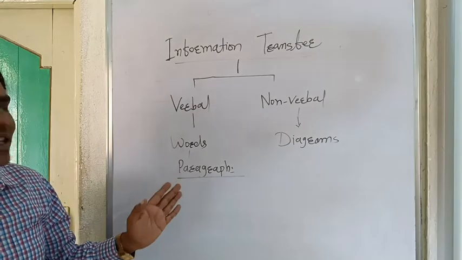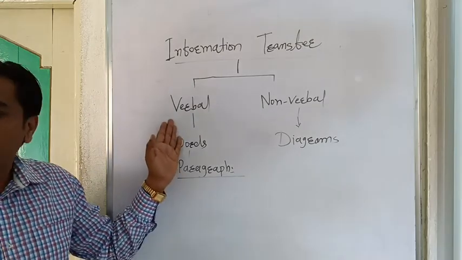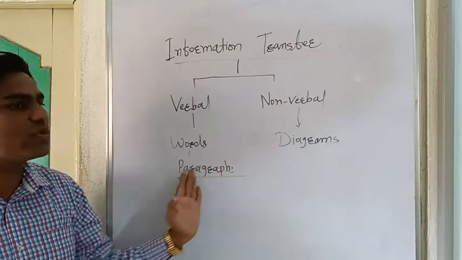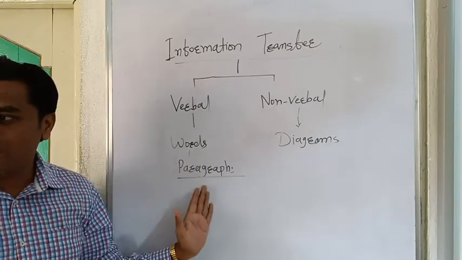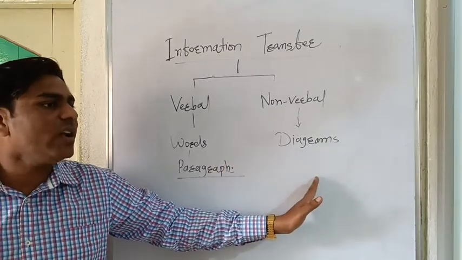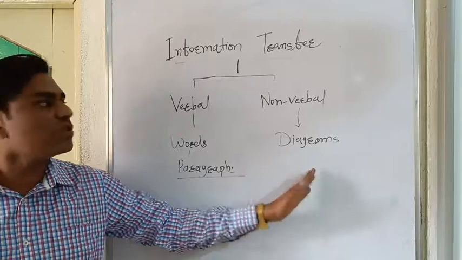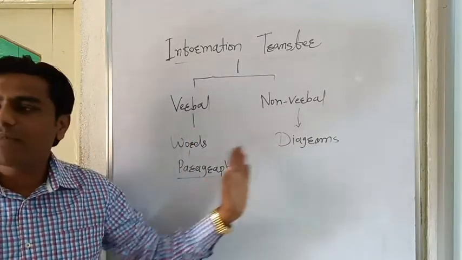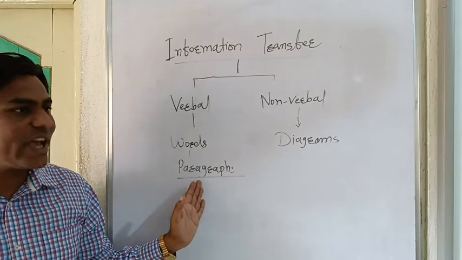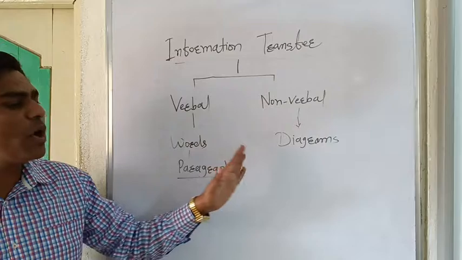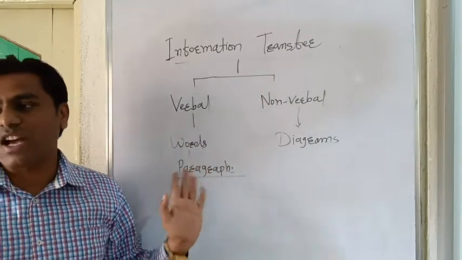When we see the verbal information, if we want to change it into the non-verbal, means the passage into the diagram, then we can do this. If we want non-verbal information into the verbal, then from the diagram to the passage, we can transfer. So both types of information we can transfer.